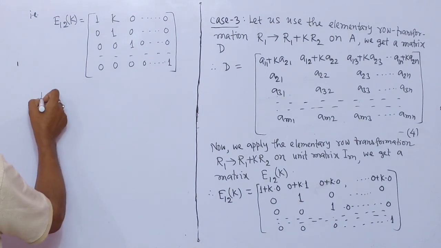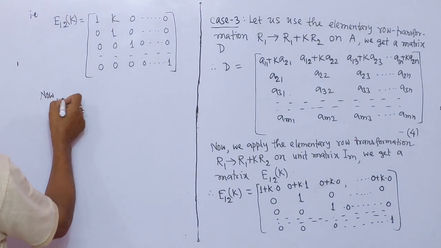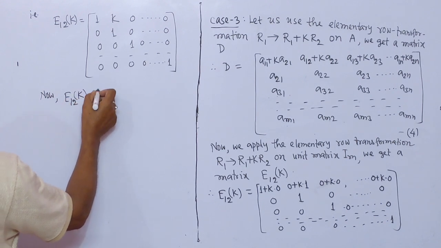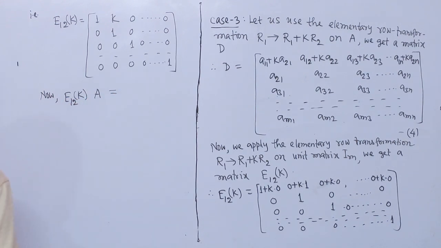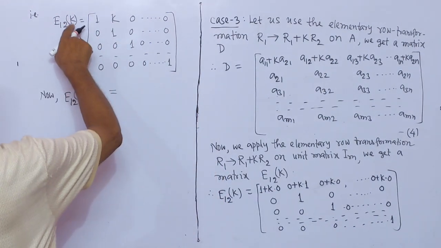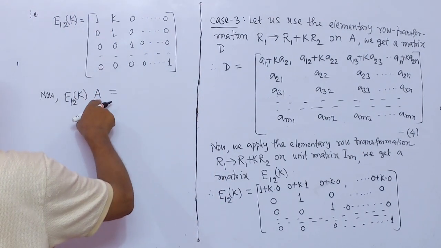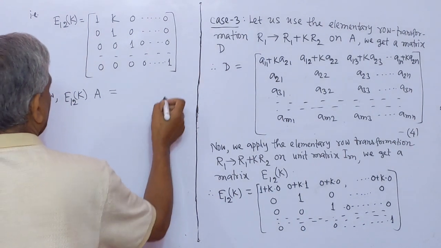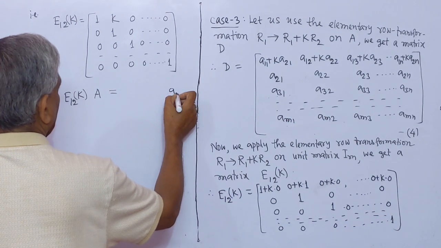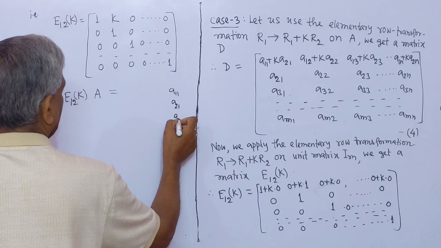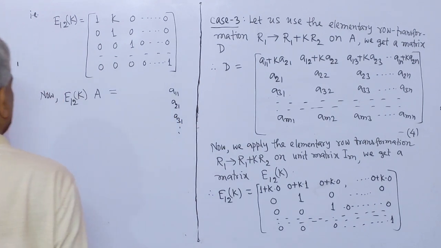Now E12(K) multiply A equal to, now first row of this with first column of A. First column of A be A11, A21, A31 dot dot dot dot.